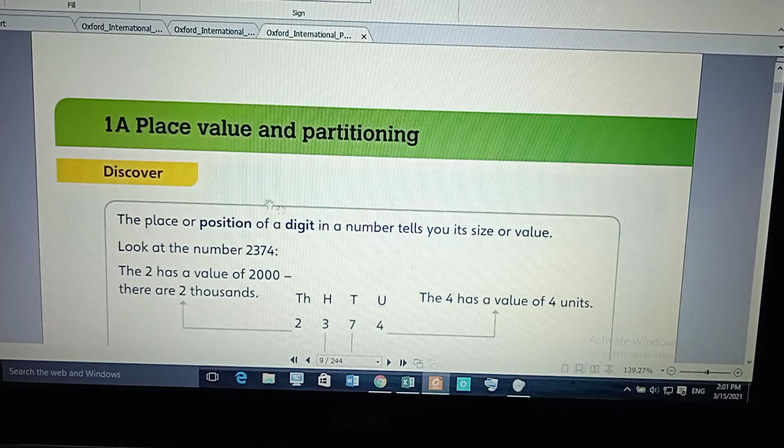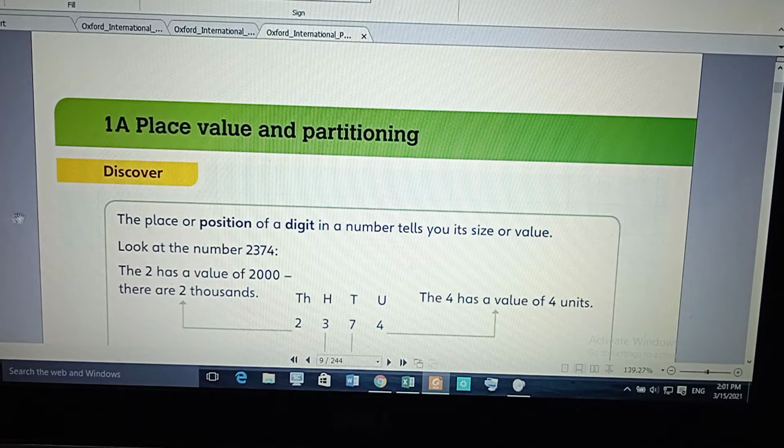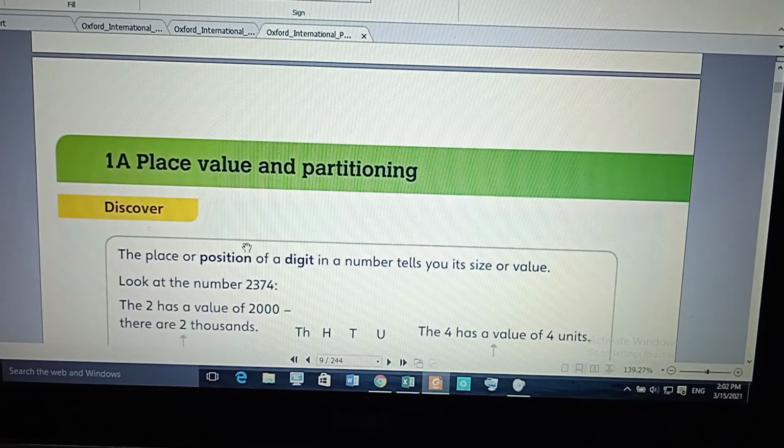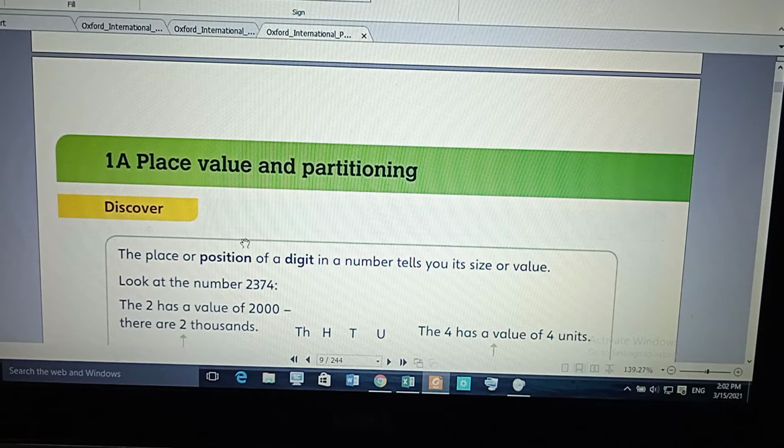So, discover the place or position of a digit in a number. It tells you its size or value. For example, in 21, the 2 is at the tens value and 1 is at the ones value.